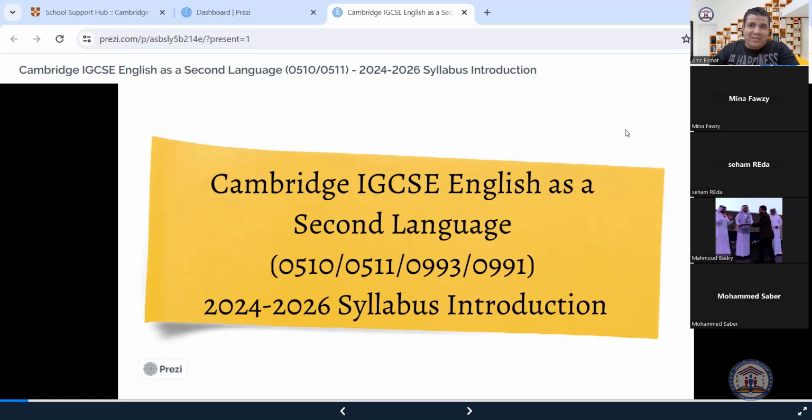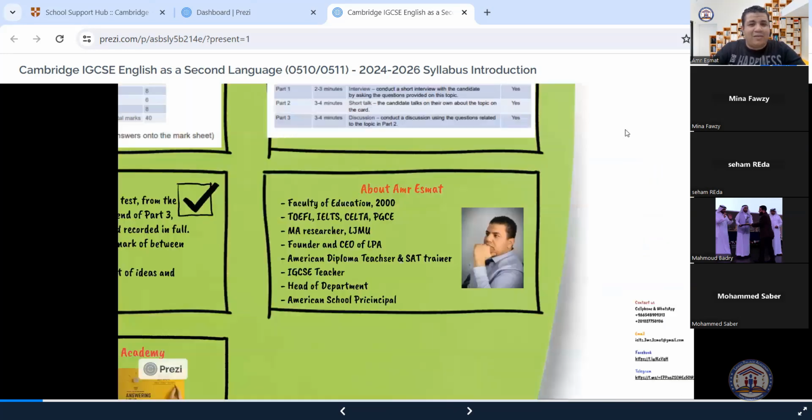In Egypt, it is somewhat different from Saudi Arabia, because we have a core test, which starts at grade 9, and an extended test, in grade 10. And both extended and core actually have no meaning now, because the tiering has been removed from Cambridge, and I will tell you what the word tiering means. Anyway, this is our focus today.